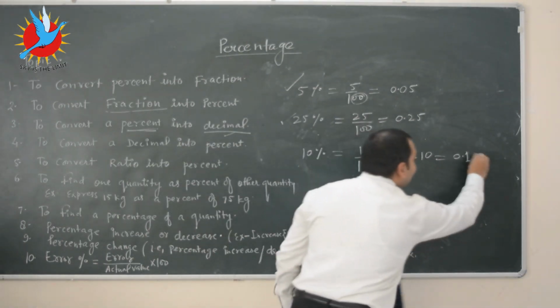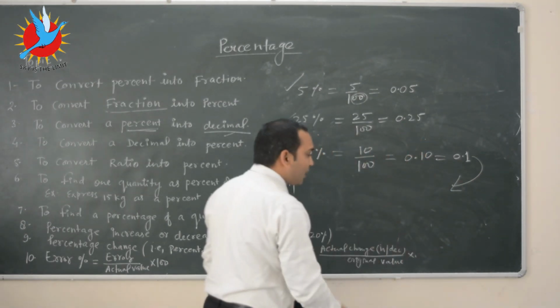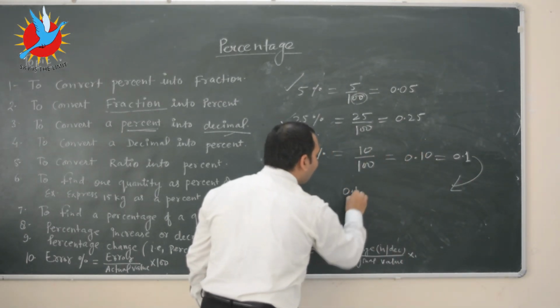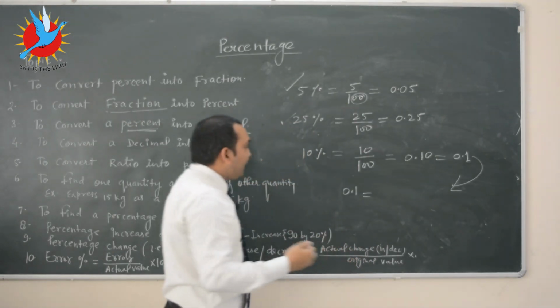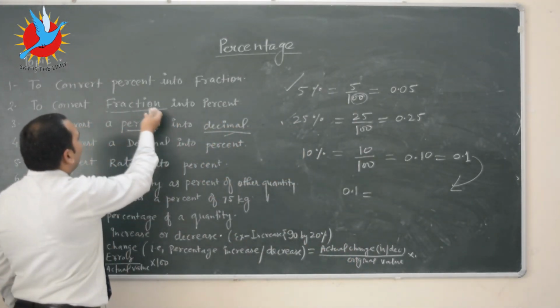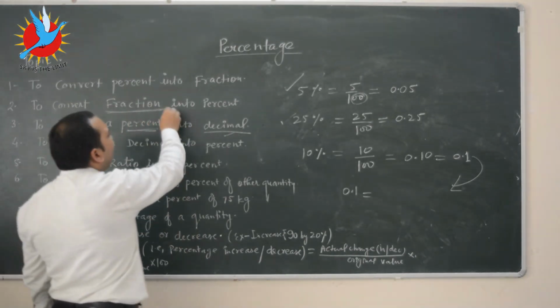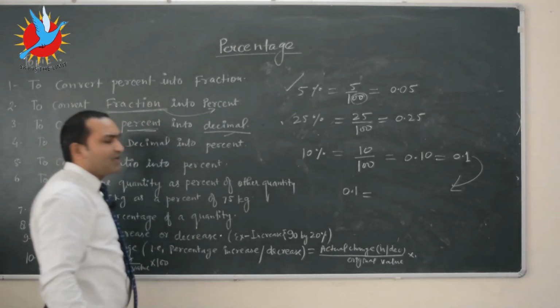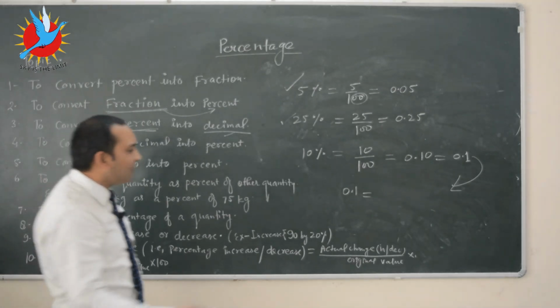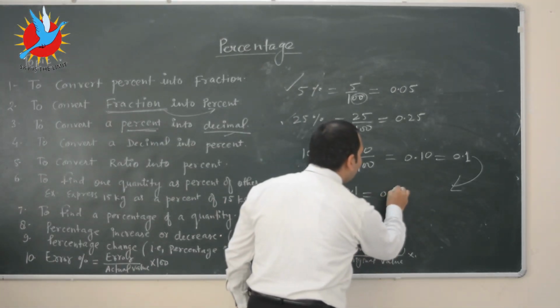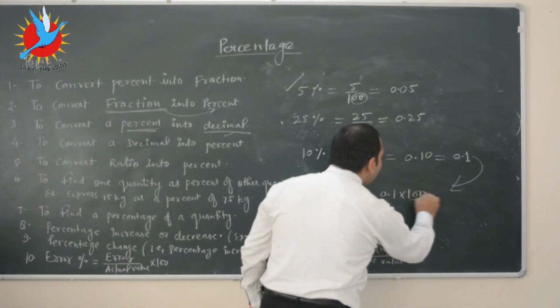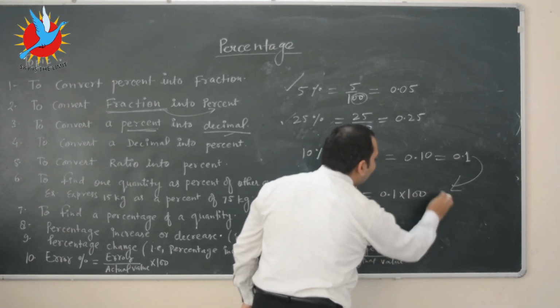Now convert this decimal into a fraction. So what will we do? 0.1. First of all, if there is any number or any fraction and we want to convert it into percentage, we just multiply by 100%. So 0.1 into 100 upon 100 means 100%.